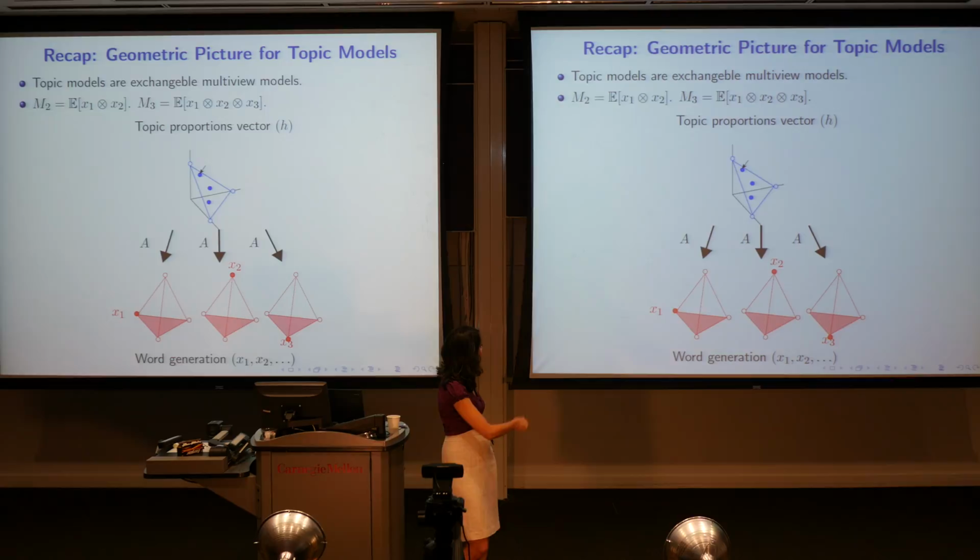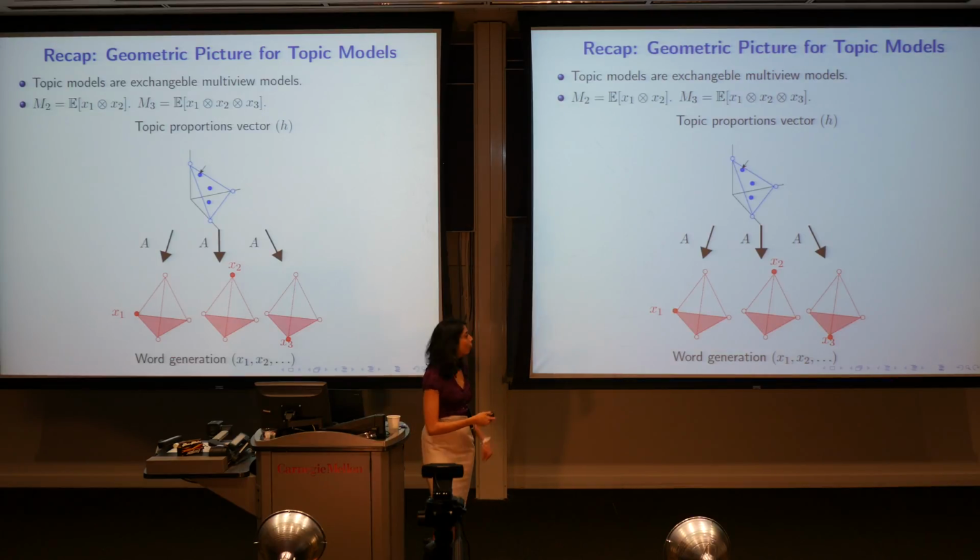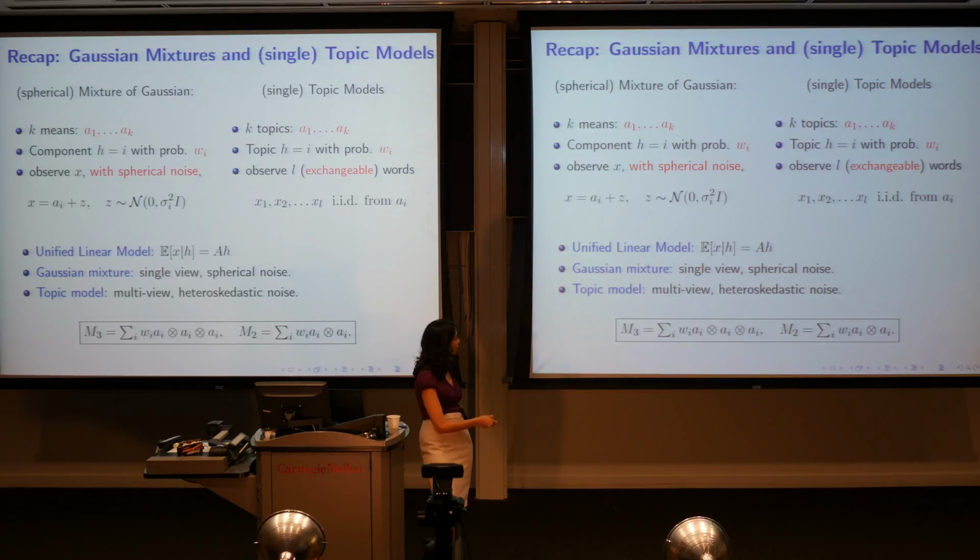But this part of the model is still the same, because once I fix certain proportions of topics for a document, that is, I sample one of the points on the simplex, I'm going to generate words according to the linear model I had here. So I'm going to say that the conditional expectation is A times H.